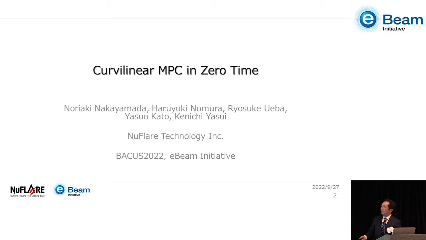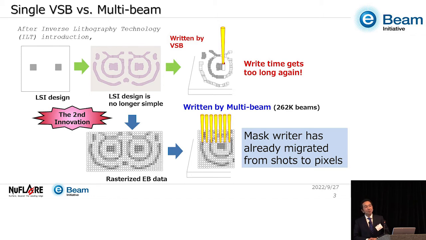I think many of you know what happened to VSB in the last 5 years. After ILT, inverse lithography technology introduction, pattern is not Manhattan anymore and very complex and curvilinear.